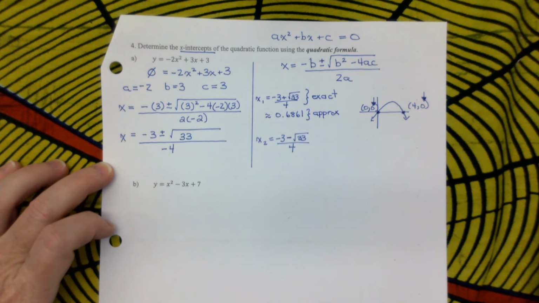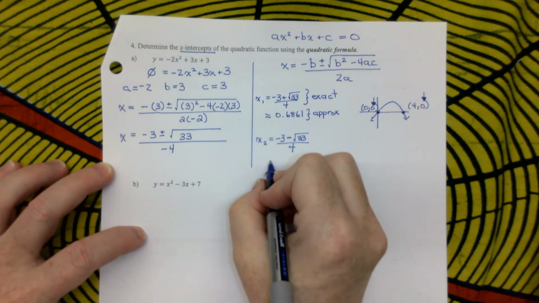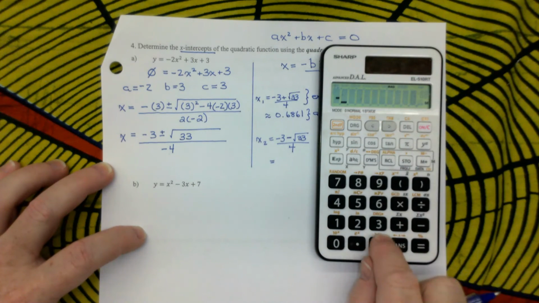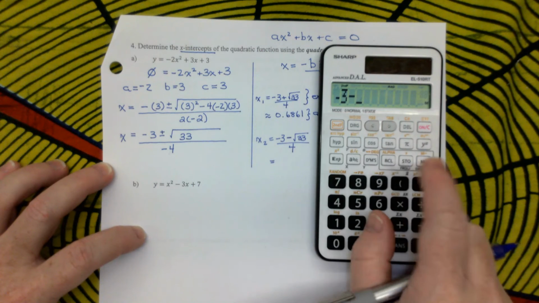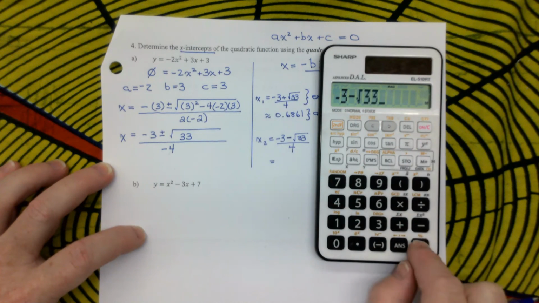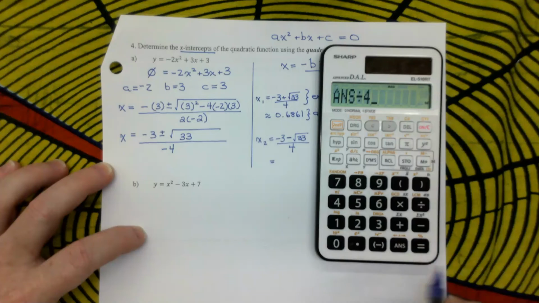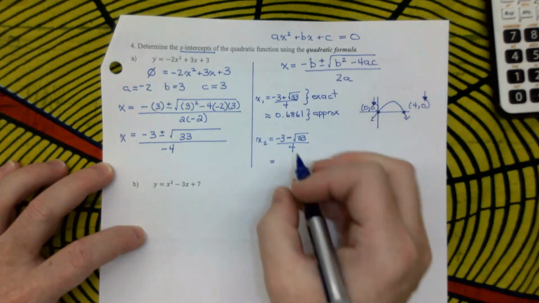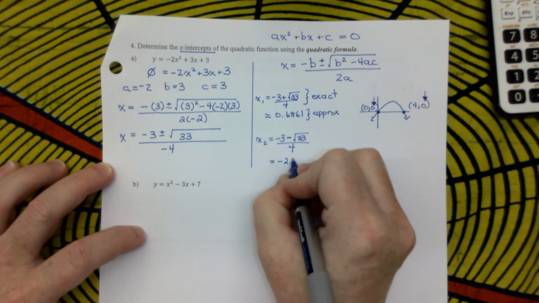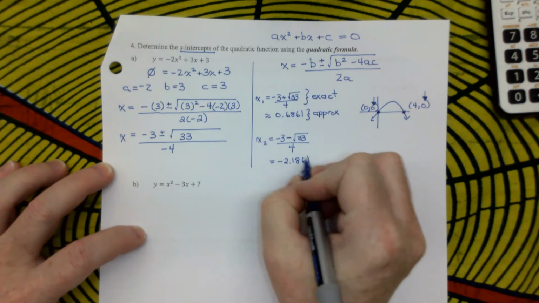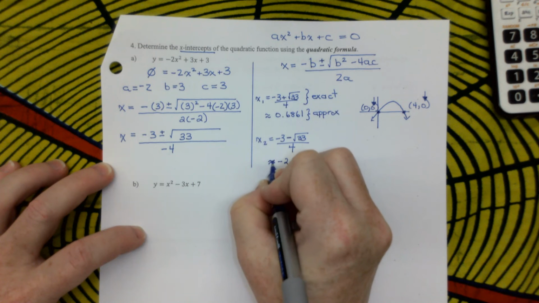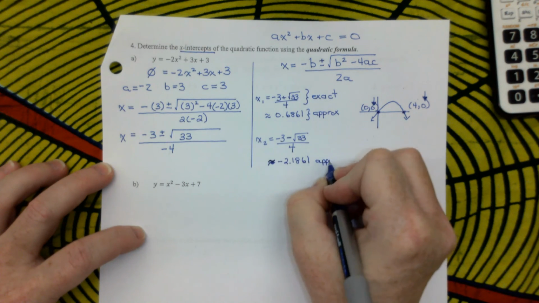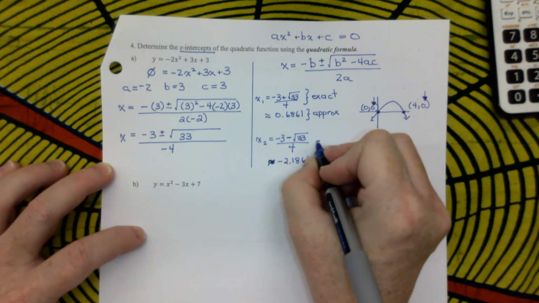All right, and so then this would be my other root, and once again I can throw it into the calculator. I get negative 3 minus the square root of 33, and then I divide that by 4, and so my other x-intercept would be at approximately negative 2.1861. I use these wavy equal signs because I'm recognizing that it's an approximate answer and not an exact answer.